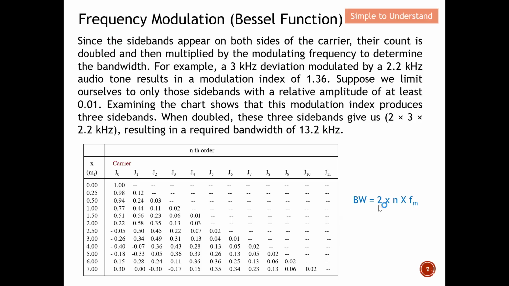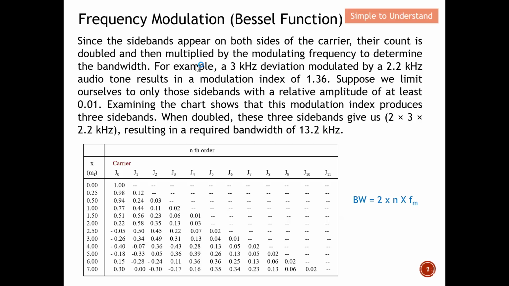So this will be 2 times because it's double. We multiply by the number of sets of significant frequencies and then multiply by the modulating frequency, as illustrated here. Since the sidebands appear on both sides of the carrier, which is the double, we then need to multiply by the modulating frequency in order to determine the bandwidth.